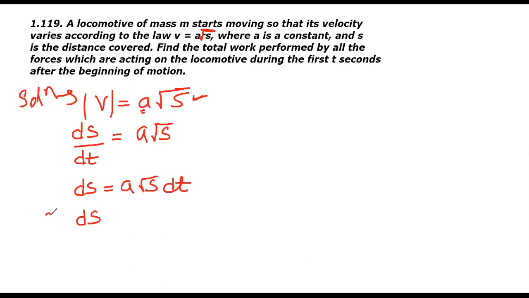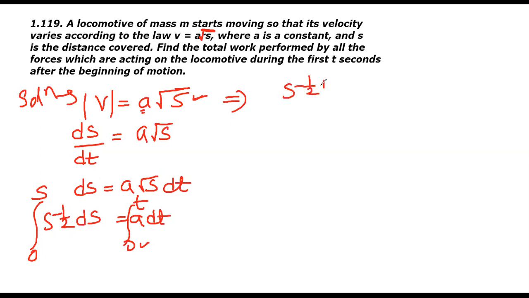So ds by root s, that is s to the power minus half, equals a dt. Students, integrating within the limits 0 to t, as the initial time is t equals 0 at the origin and the distance covered is 0, and the distance at time t is capital S, small s if you want. If we integrate this, we get s to the power minus half plus 1 divided by minus half plus 1.